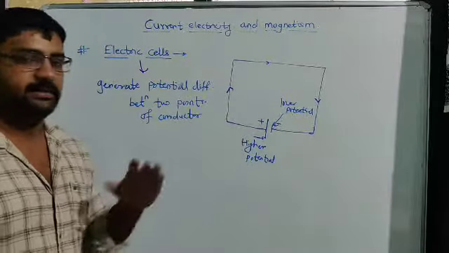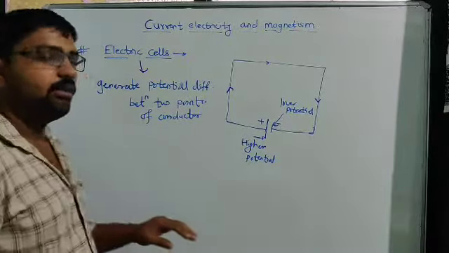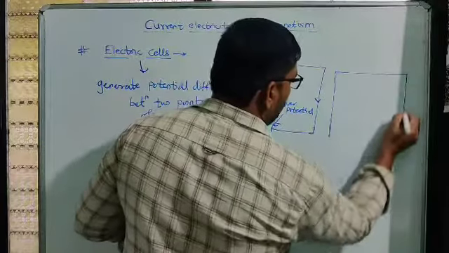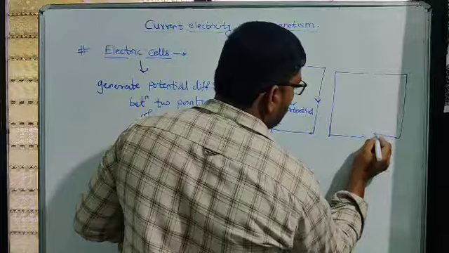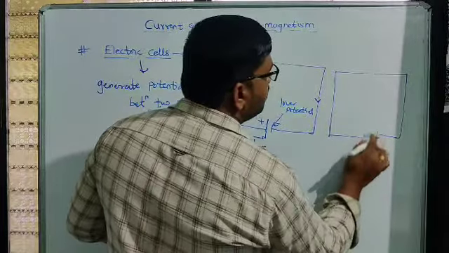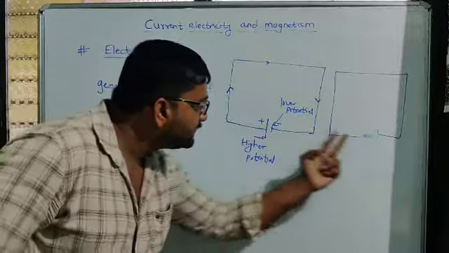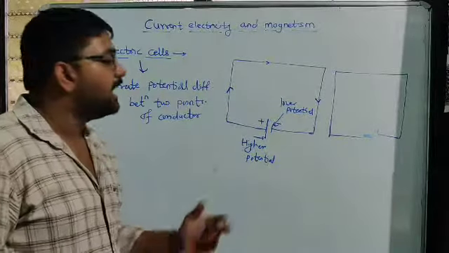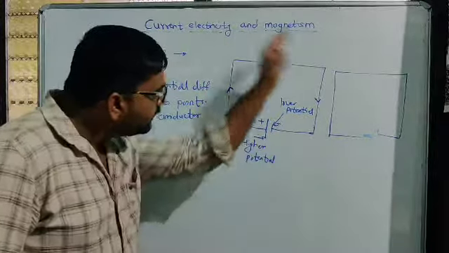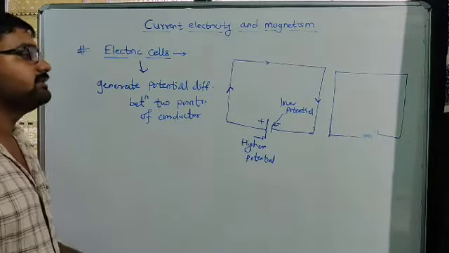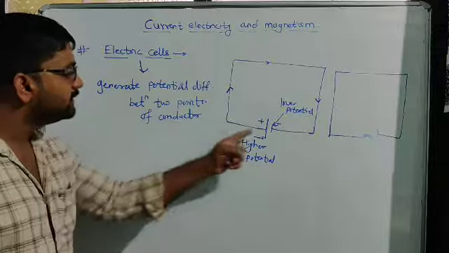If we remove this cell, and there is only this wire, then current does not flow in this case, because the cell is absent here. As we connect the cell, current starts to flow. So that is the importance of this cell.